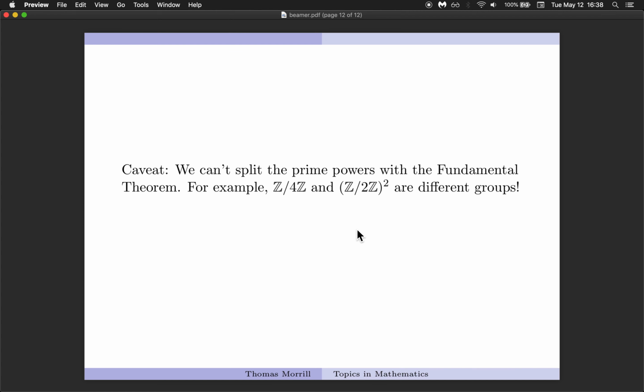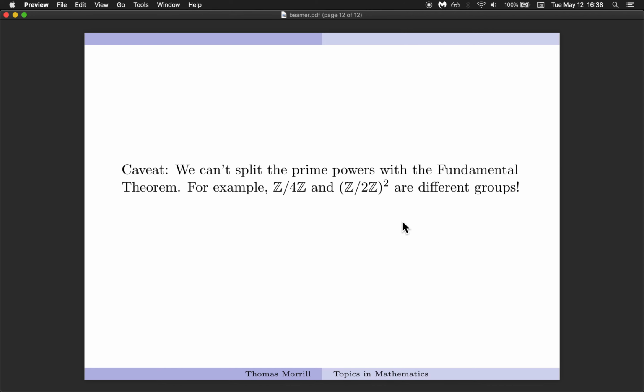So the reason why this happens, even though it's true 4 is equal to 2 times 2, is because I can't use the Chinese remainder theorem to solve one congruence mod 2 and a different congruence also mod 2 at the same time. So there's still limits to what we can do with these kinds of theorems.